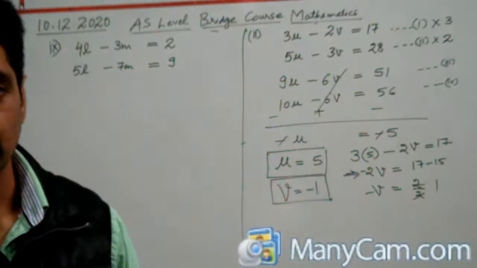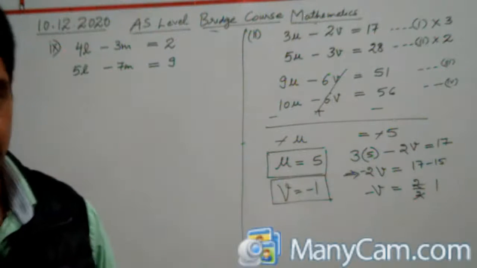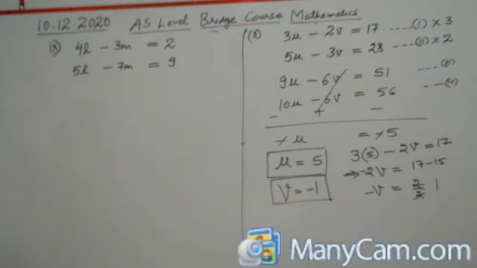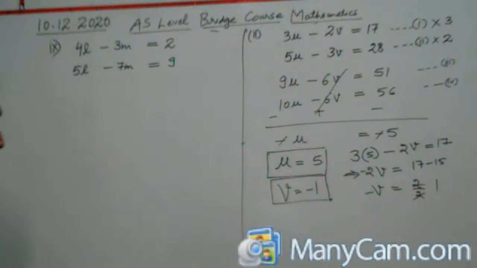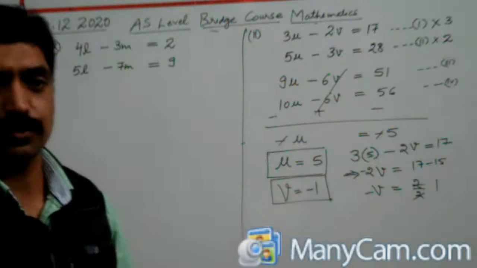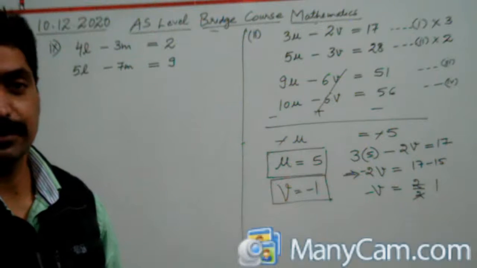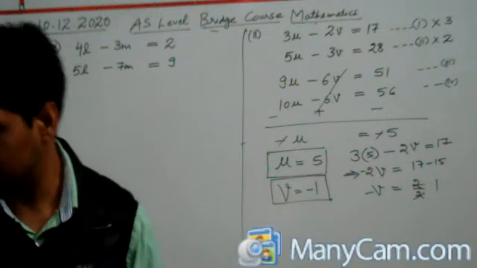So next one, here we have the equations in terms of L and M. Let's solve it by substitution method. Substitution is also a very valid method to solve a pair of linear equations, right?